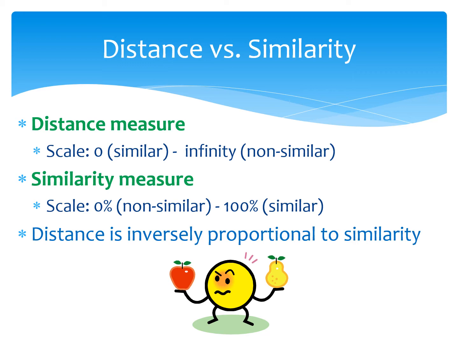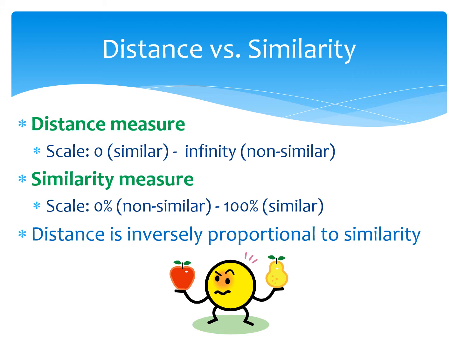There are two commonly used approaches to describe the similarity between two objects. The first approach is called distance measure. The scale of a distance measure is typically from 0 to infinity, where 0 indicates identical and infinity indicates non-similar. The second approach is called similarity measure.